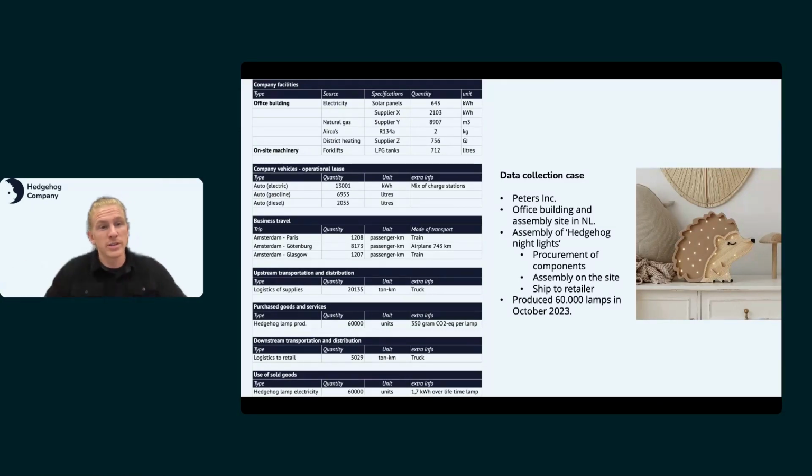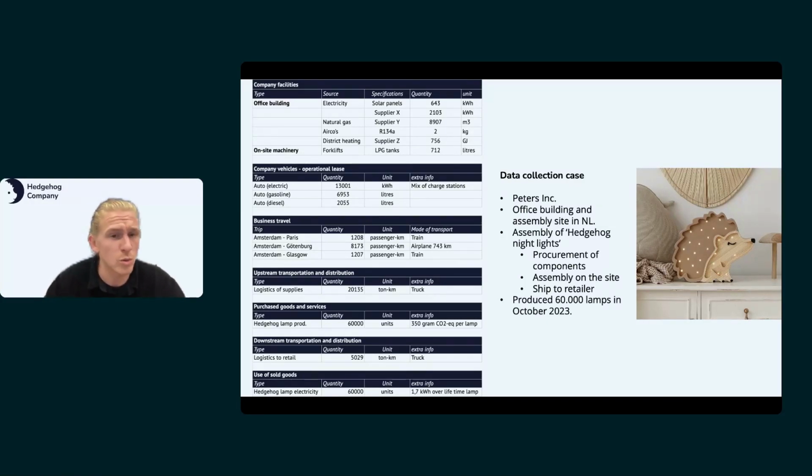Then we are going, also small note, of course, to the Pro version, but then we are going to the Scope 3 emissions that are not included in the free version. We have the logistics of supplies for our Hedgehog lamp production. We have the production or the purchased goods and services themselves.